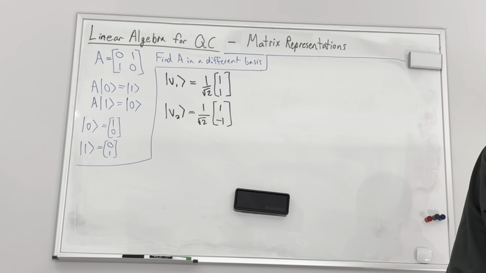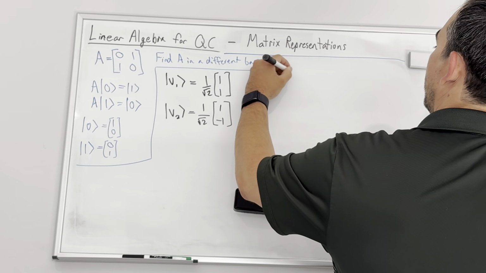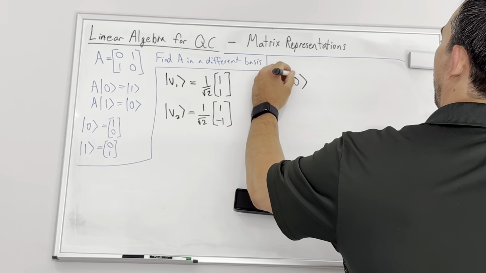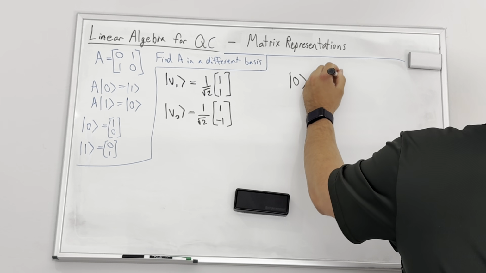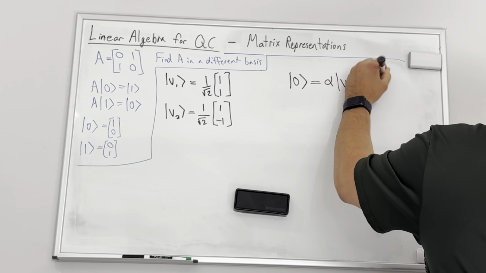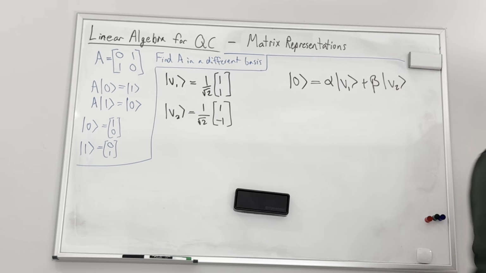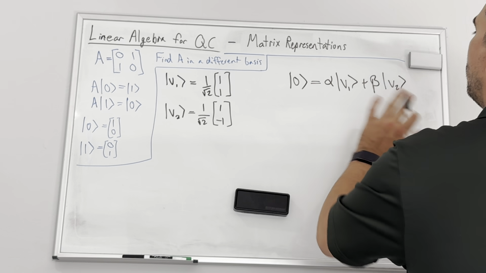And so we also know that our 0 vector can be represented as some weight times v1 plus some other weight times v2, right? And so let's write this out more explicitly.